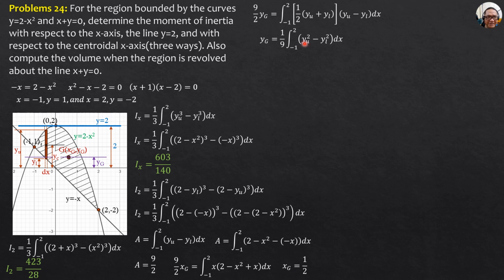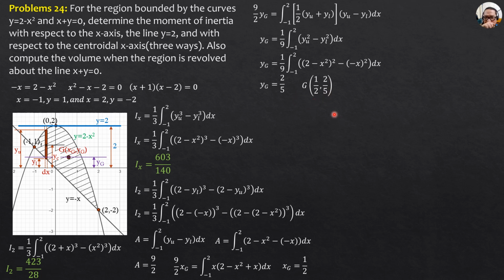Substituting upper y, which is the y of the parabola, 1/9 integral from -1 to 2, y of parabola is 2 minus x square, then minus the y of this line, which is -x quantity square. So because it is again calculator aided, yg is 2/5. So the centroid therefore is at 1/2, 2/5.